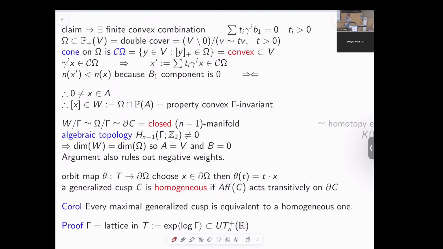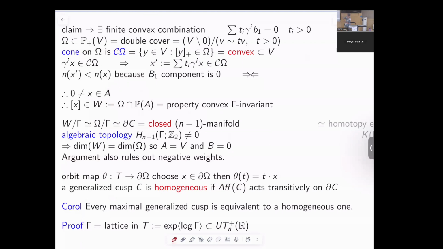And so if I take the projective subspace corresponding to this vector space, it intersects the domain omega in some properly convex subspace that's preserved by the group gamma. So inside this domain omega, I've now got a convex domain of smaller dimension, W, that's preserved by gamma.